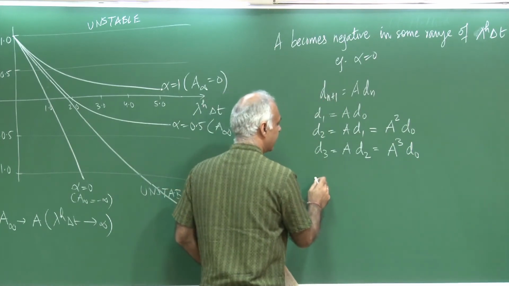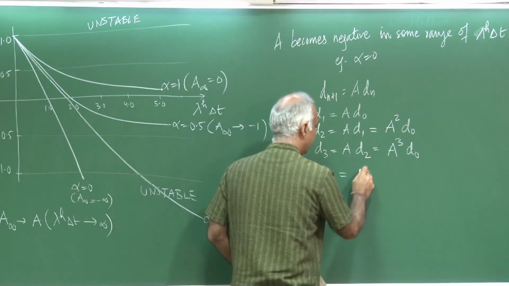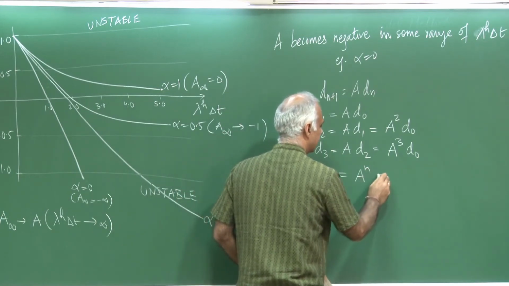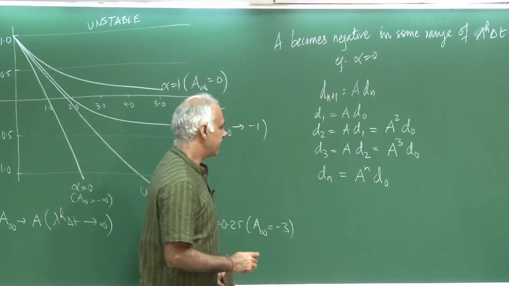So, in that sense I can write down that dn is going to be given as A to the n times d0, right.